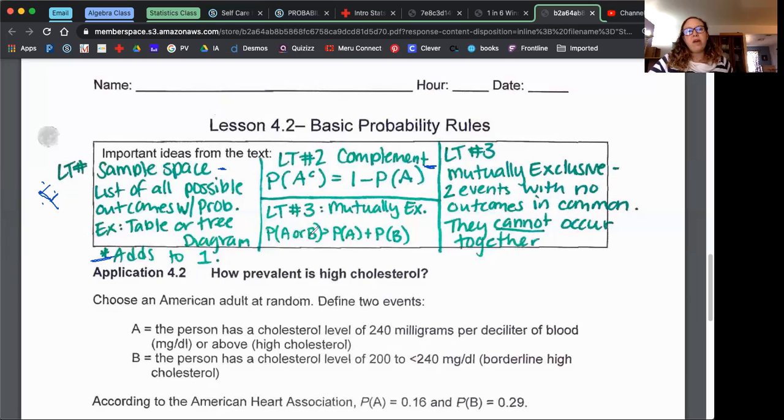If we're going to find the A or B and they're not mutually exclusive, then we have to subtract out that value of probability of A and B, so that we're not double counting it. But if they're mutually exclusive, they never overlap. They can't happen together. And so that's why we can say it's just A plus B.